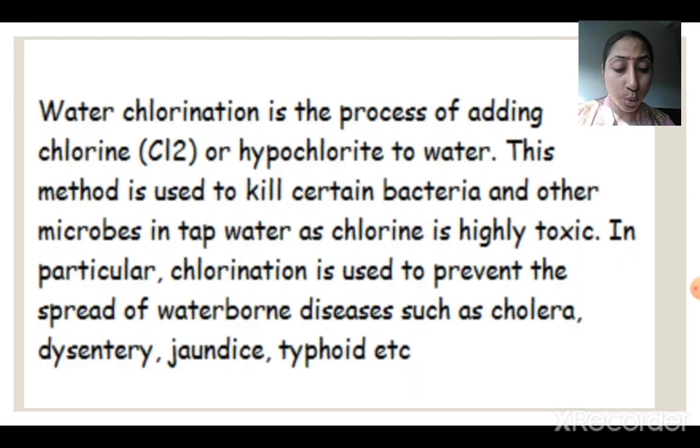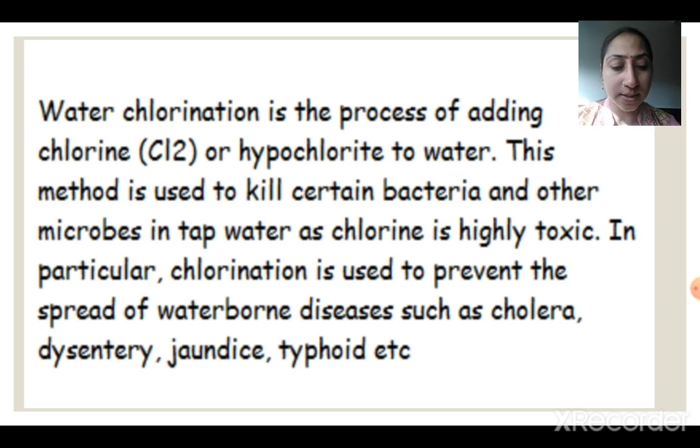Then comes chlorination. Chlorination is an effective method for making water safe for drinking. Many of the times you must have noticed that in tap water, you feel a little smell of some medicine. That's chlorine. And even in the swimming pool we put chlorine, right, to make it safe, because there are a lot of germs and bacteria.